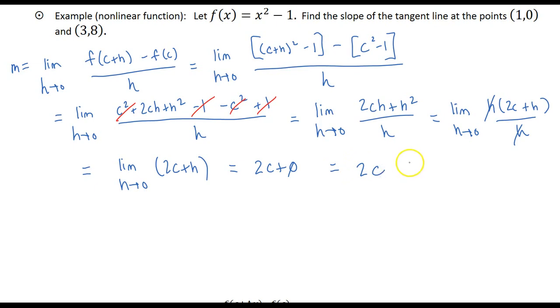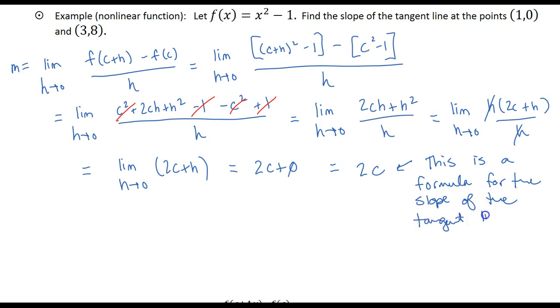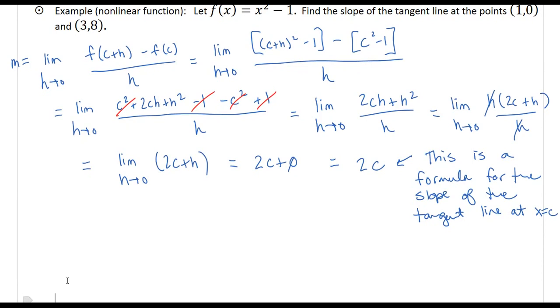Now, what we have found is a formula for the slope of the tangent line at x equals c. So all we have to do is figure out what our c is and then plug it in for each of the points that we want to find the slope of the tangent line for.